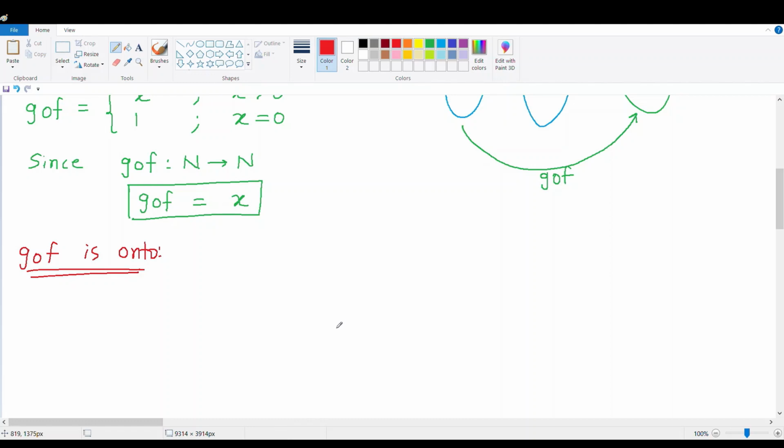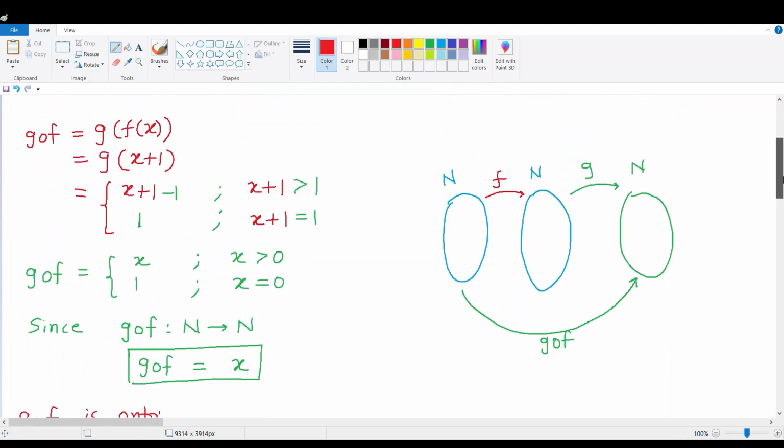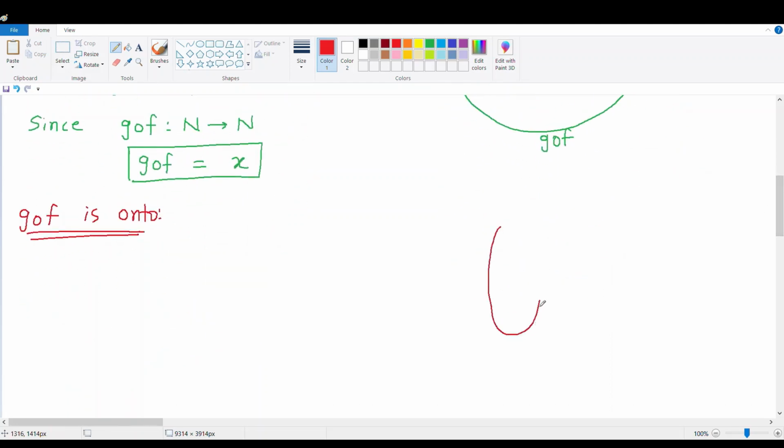Now to show that this function is onto, you need to take some element from this codomain. Let me redraw that. Let's say this is our g of f, and it is going from n to n. So let's assume some y in here. And what is the function definition of g of f? We just established, that is x.